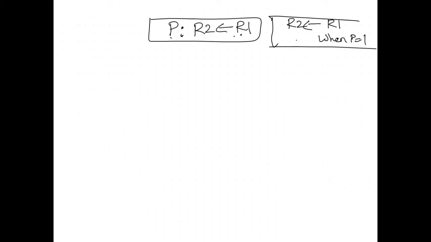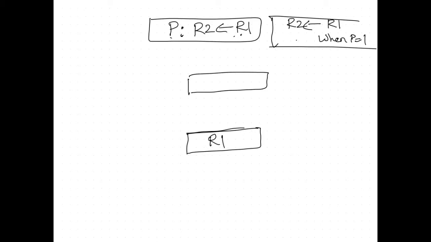For this, I want to draw a block diagram. I'll take a register, the R1 register, and another register, R2. What is the functionality of this transfer operation? The contents are moved to R2.